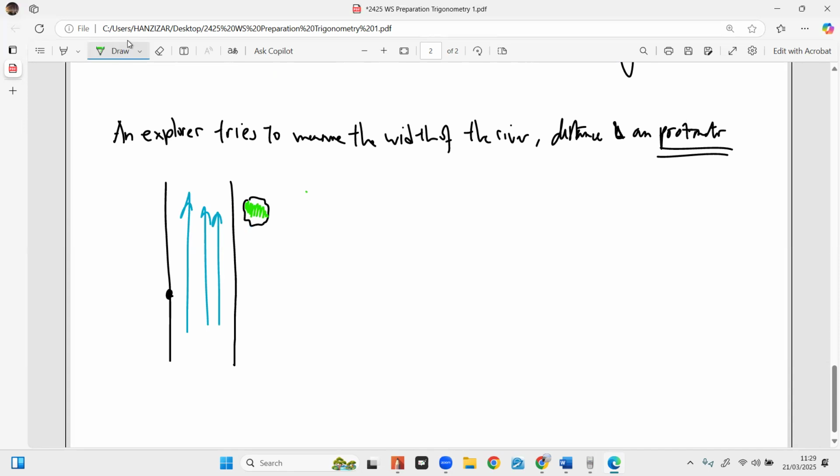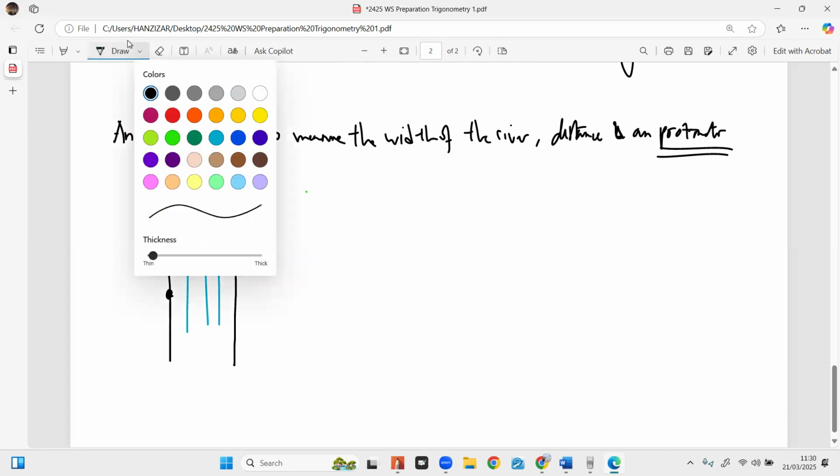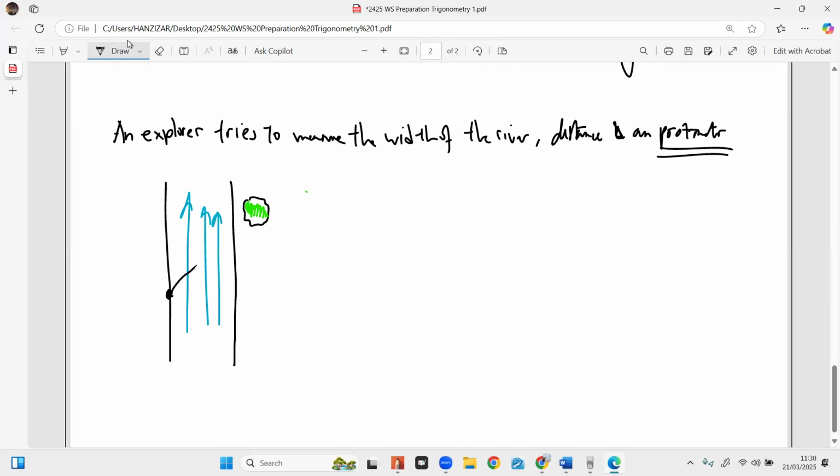And then they look at this. Let's say they create about 40 degrees, and they move, either nearer or further from the tree. So this is the tree, and this is the explorer, the human. Then he goes further away and tries to measure one more time.